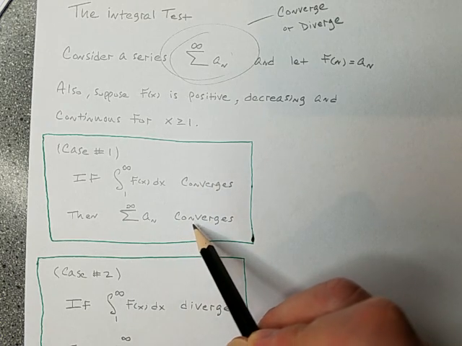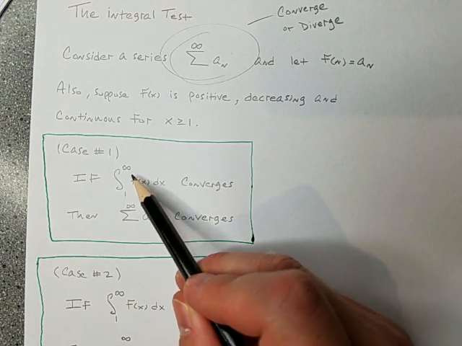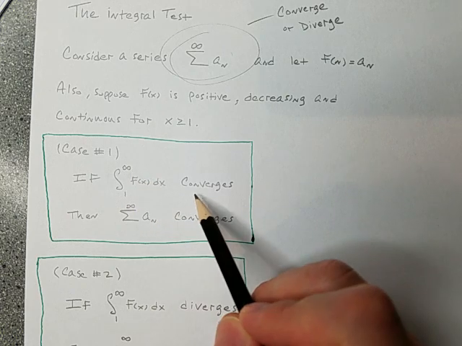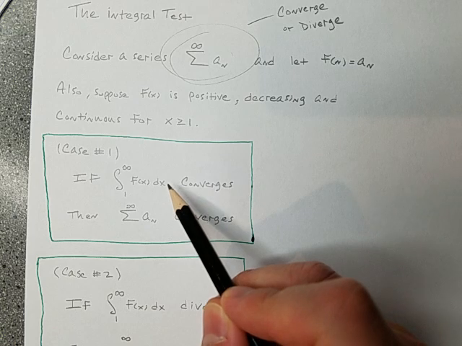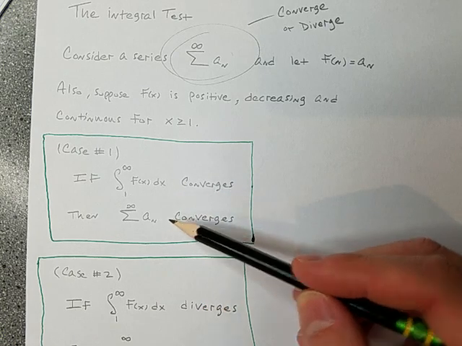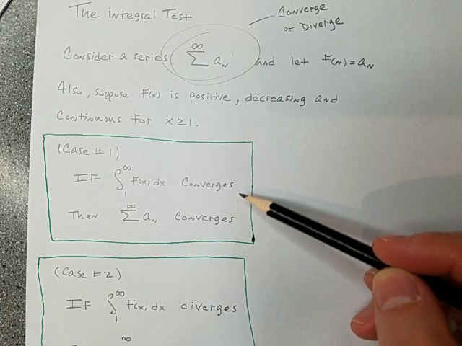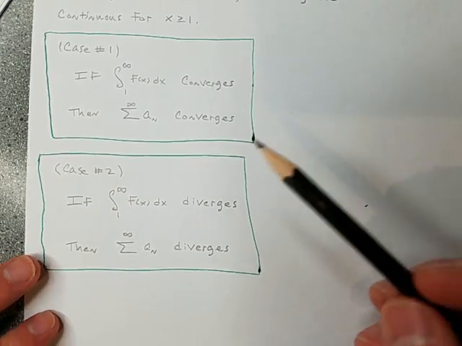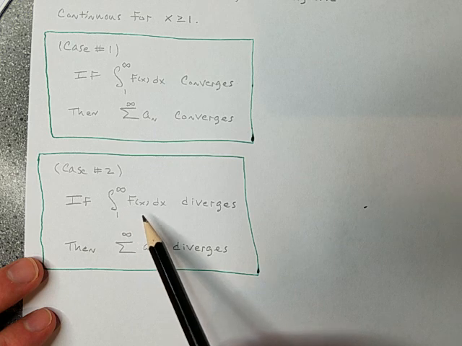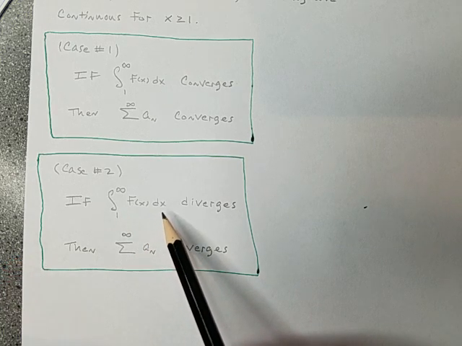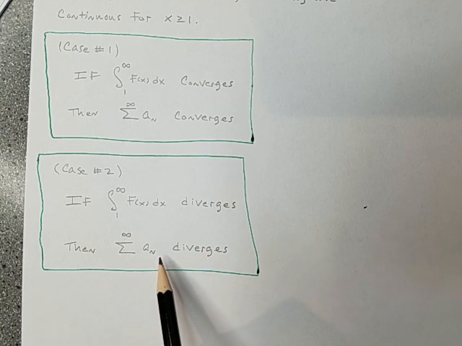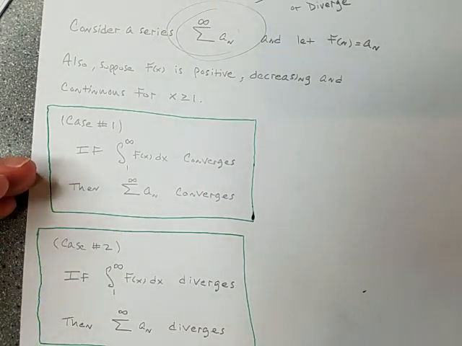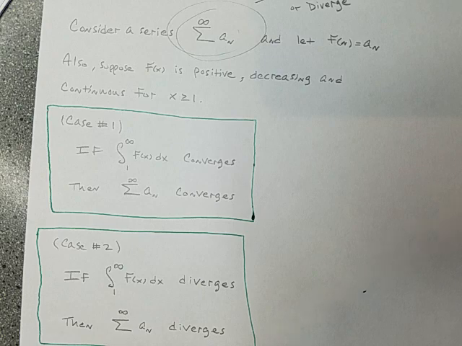What does it mean for an improper integral, like an integral from 1 to infinity, to converge? If the value of this integral is a finite number. So the integral and the series do the same thing. They both converge. Case 2 is, say you set up this improper integral and you work it and it gives you infinity, meaning the integral diverges. Well, that means the series diverges. So you can think of it that the integral and the series do the same thing.